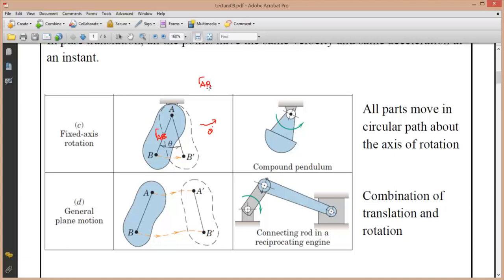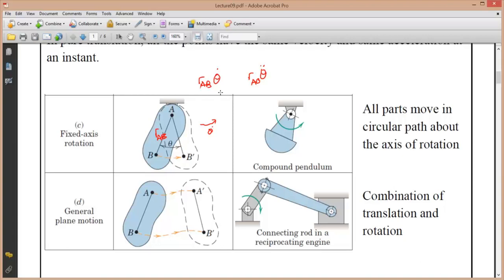If you talk about only the tangential component of the acceleration, it will be RAB theta double dot, which is the angular acceleration. In fact, we're going to have also a normal part of this acceleration towards point A, but I'm not talking about it at the moment.